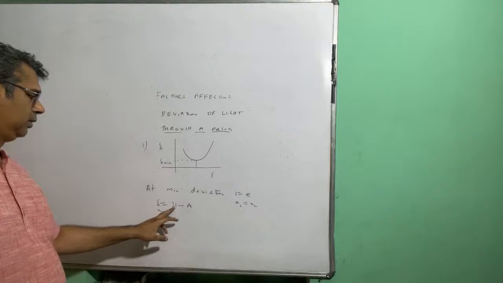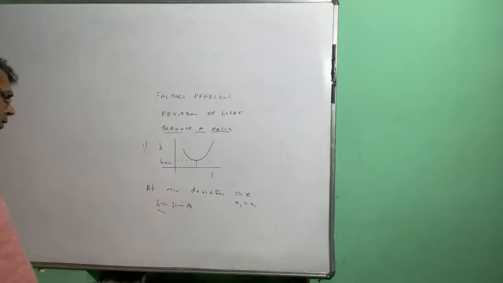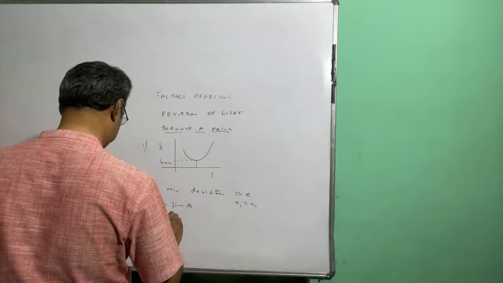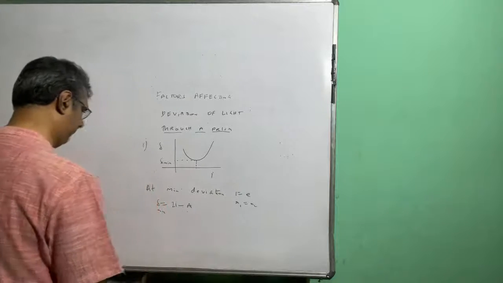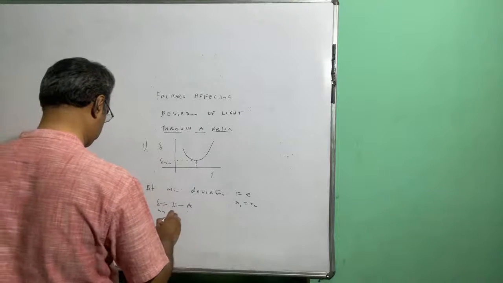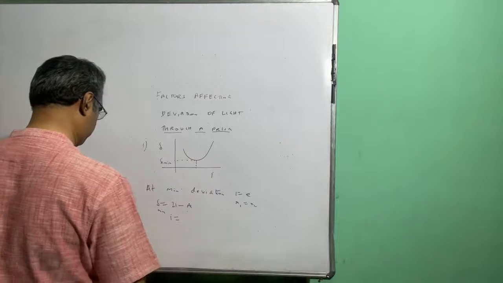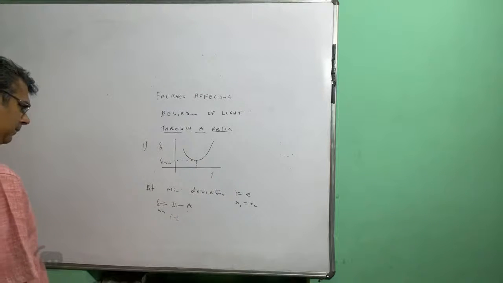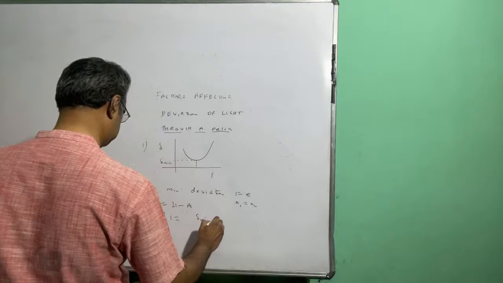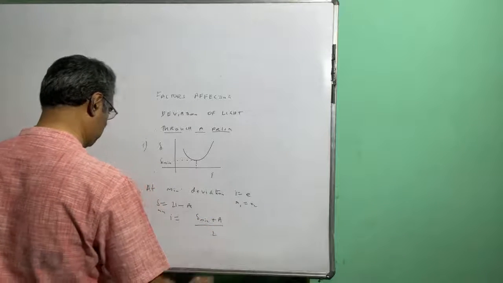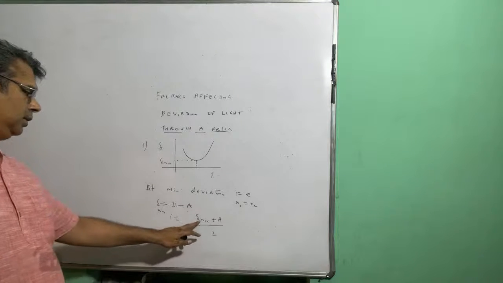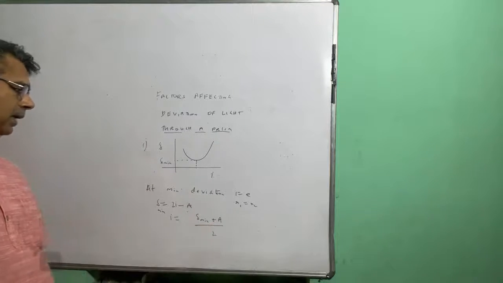So minimum angle of deviation is 2i minus A. We can also say that the angle of incidence is (minimum deviation plus A) by 2.